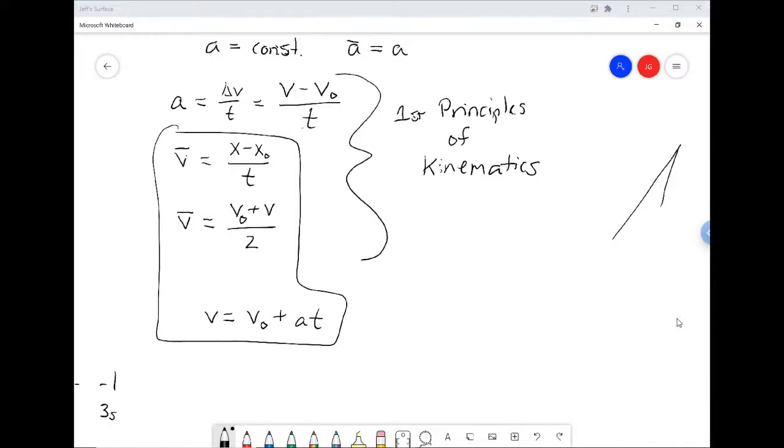Combining these three equations over here, one of the things you get is this new fourth equation: x equals x naught plus v naught t, plus 1/2 a t squared.